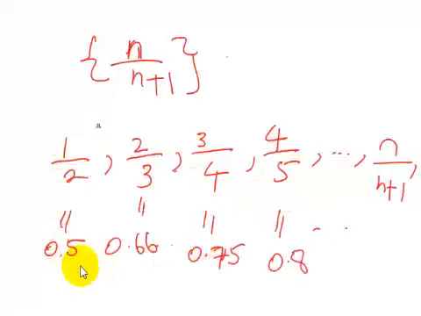1/2 is 0.5, and 2/3 is approximately 0.667, which is bigger than 0.5. 3/4 is 0.75, which is bigger than 0.667, and 4/5 is 0.8, which is greater than 0.75.